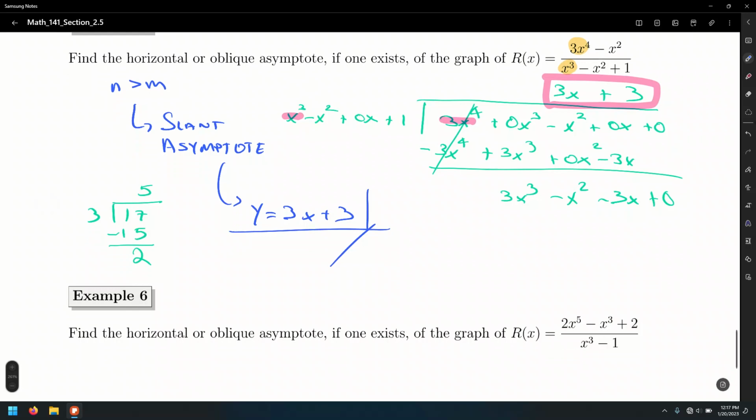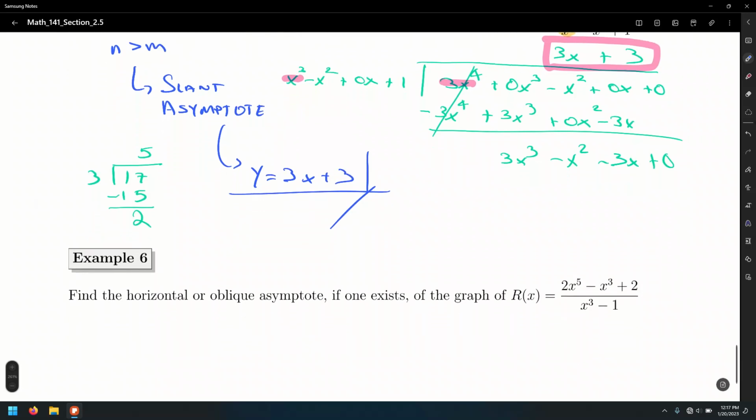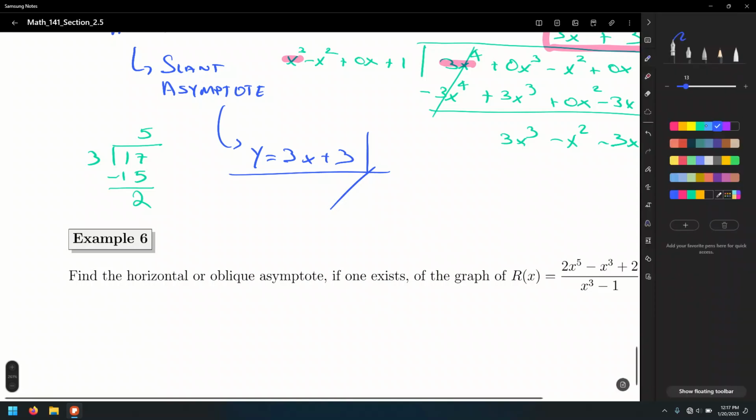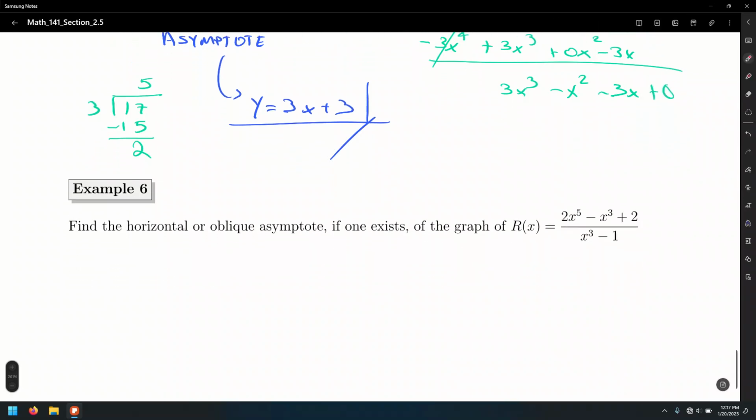Let's see. One more example. Find the horizontal or oblique asymptote if one exists for the graph r of x equals 2x to the 5th power minus x cubed plus 2 over x cubed minus 1. Well, notice in this case, the degree n is 2 more than m.